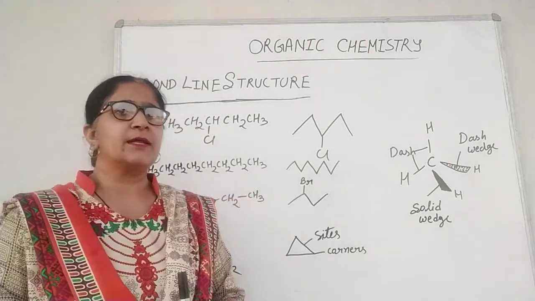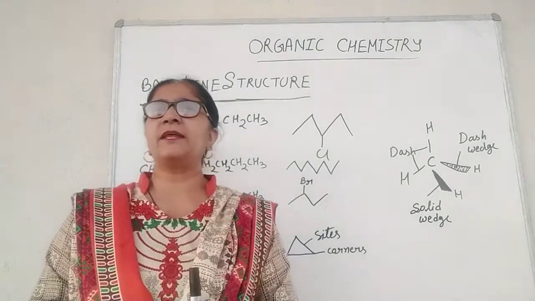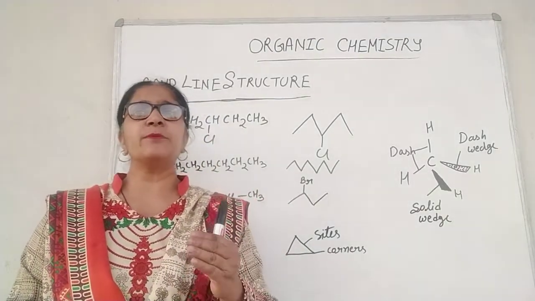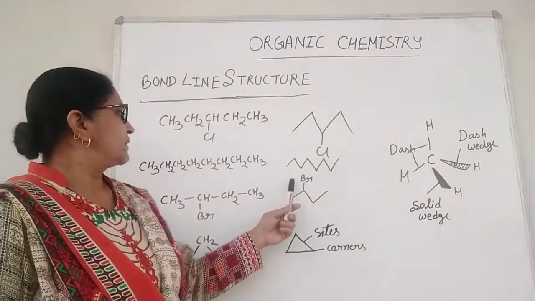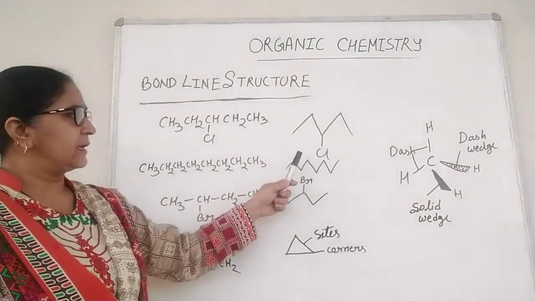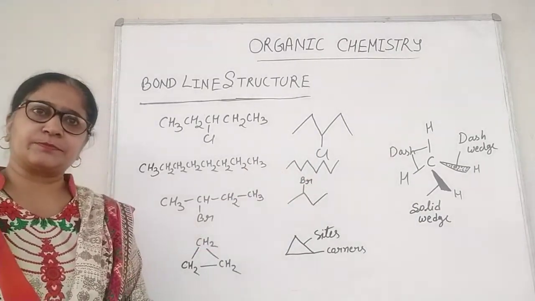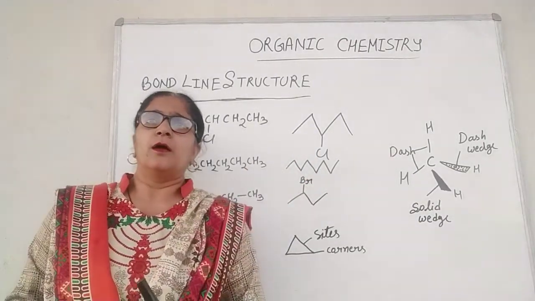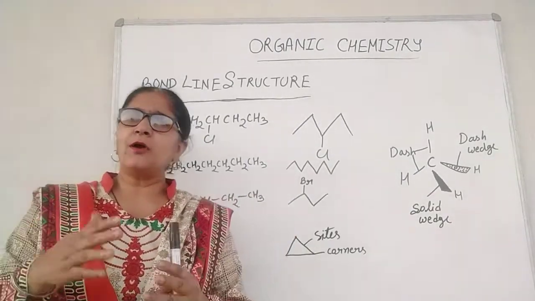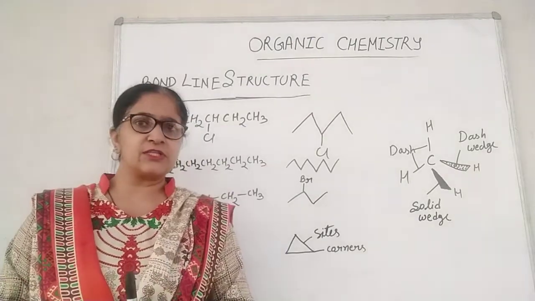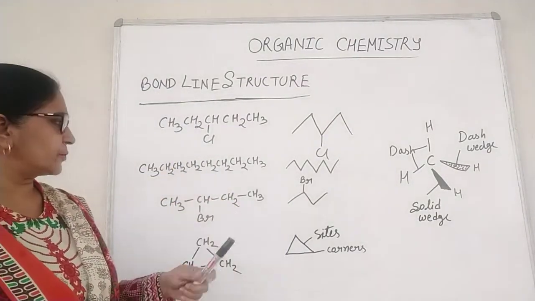are present in place of hydrogen, they are specifically written using their symbols, as shown here, like Cl. So now let us represent the bond line structural formula for this, as shown here.